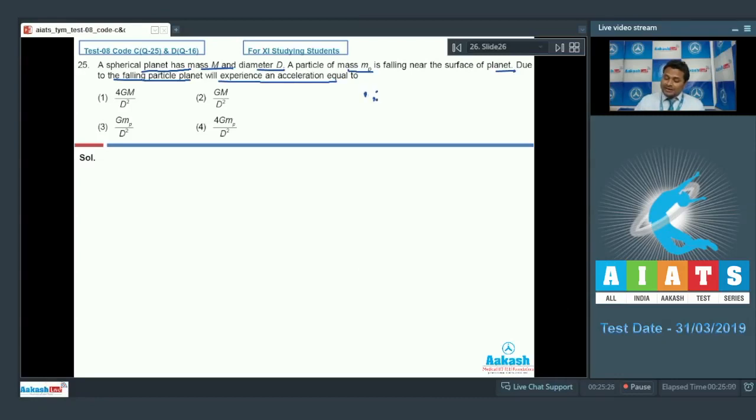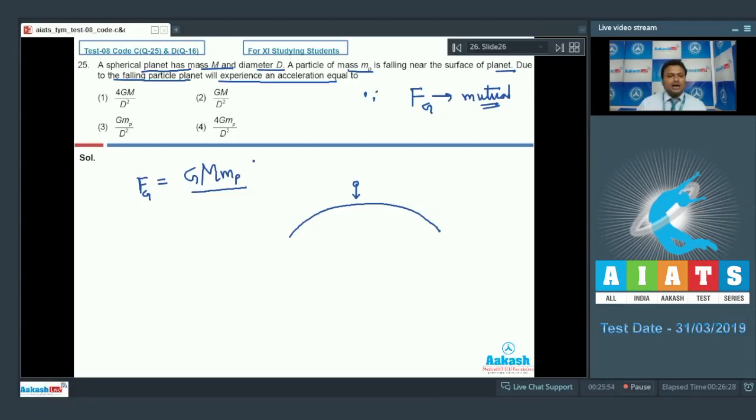We know very well that the gravitational force of attraction between two particles is mutual, and both will experience the same force. Now suppose this is the planet near the surface of which the particle is falling. Now both will exert a same force of attraction on each other, which can be written as gravitational force Fg, that is G, mass of one particle, mass of another particle, divided by r square.